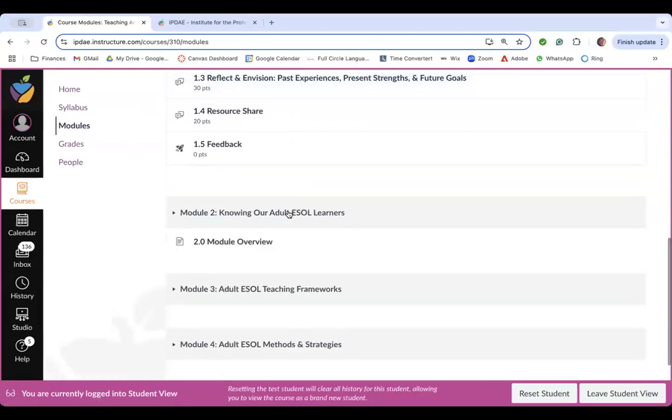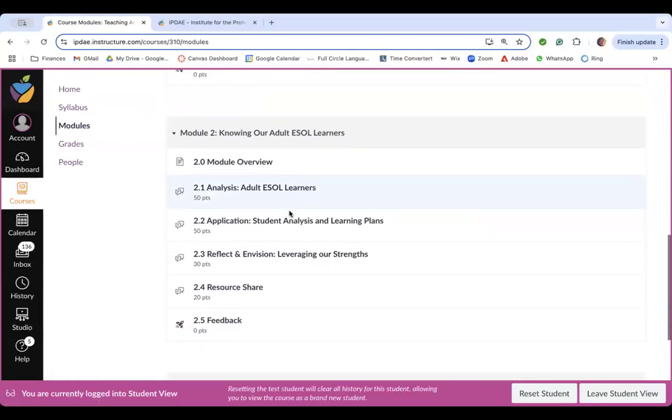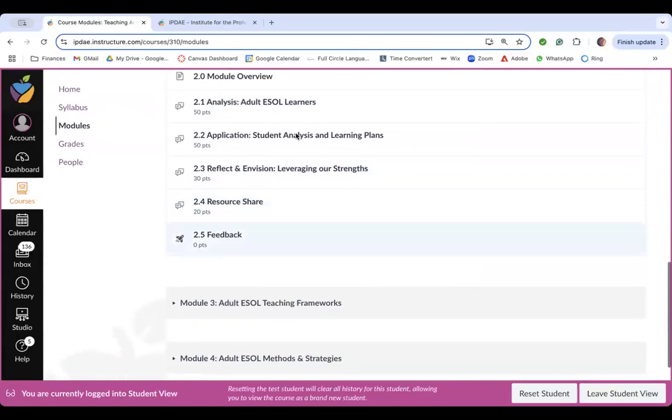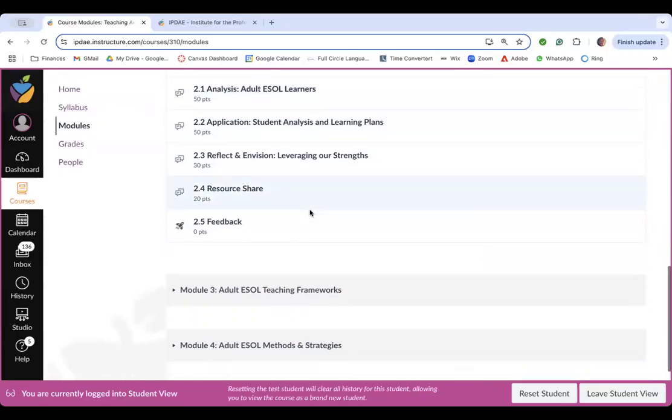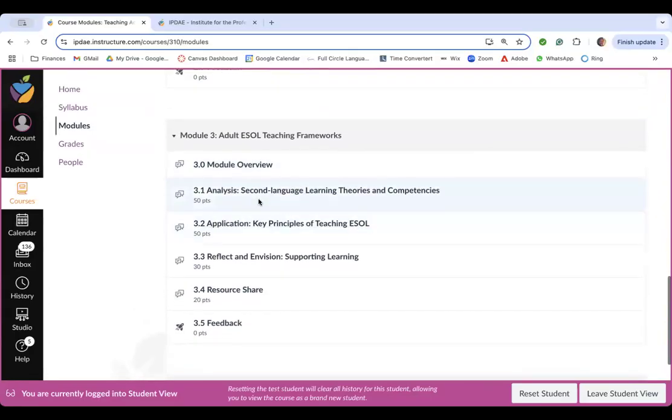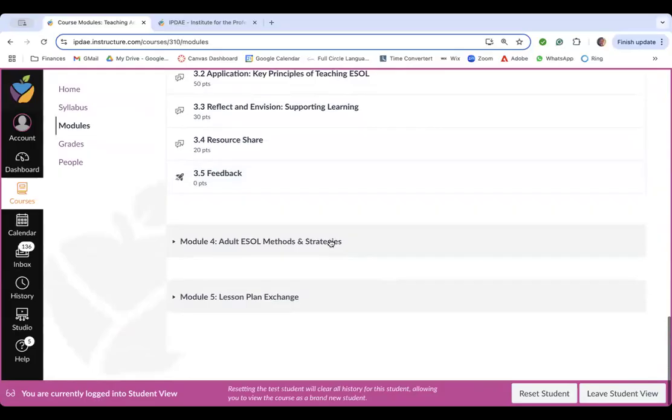You can see that these are here for each module. Module 2, knowing our adult ESOL learners, student analysis and learning plans. Module 3, adult ESOL teaching frameworks, second language teaching theories and competencies, and application of key principles of teaching ESOL.